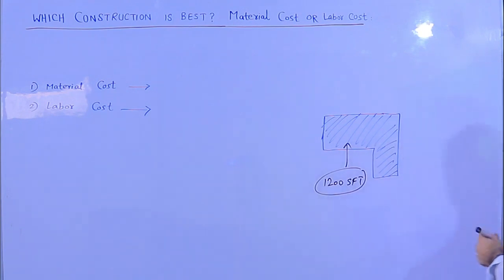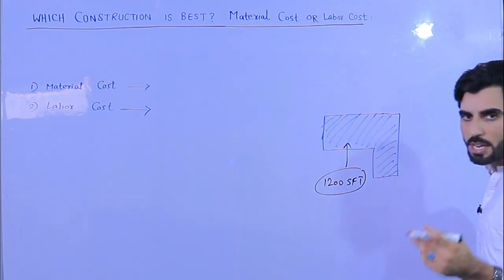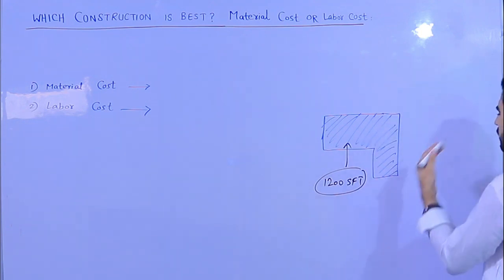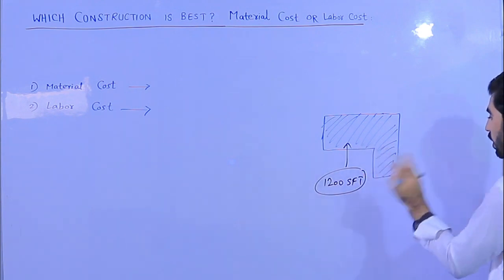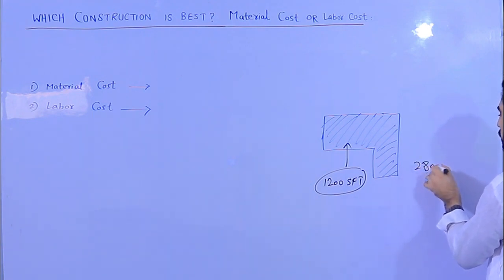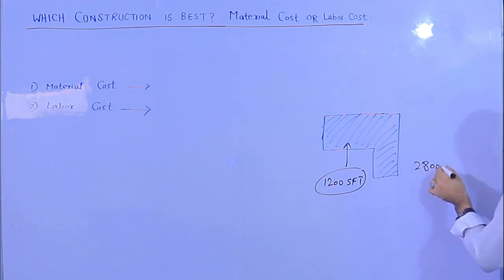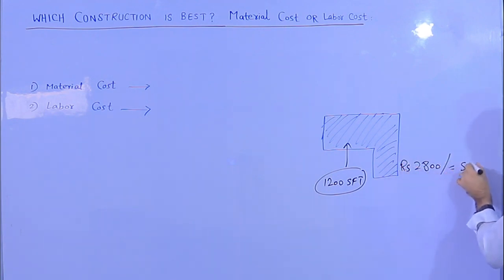But here guys, for the luxury house and the normal house, we have different categories in building construction. Nowadays for the luxury house, the material cost for house construction is about 2800 rupees per square feet.